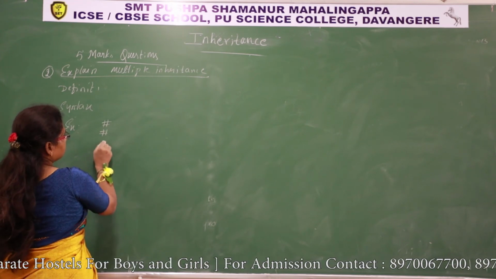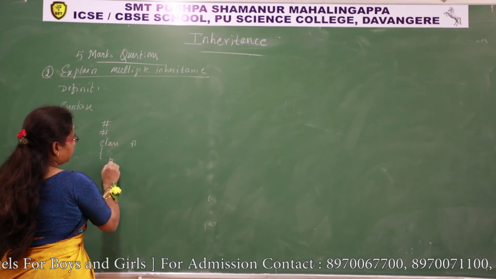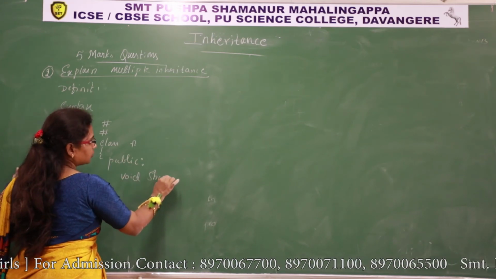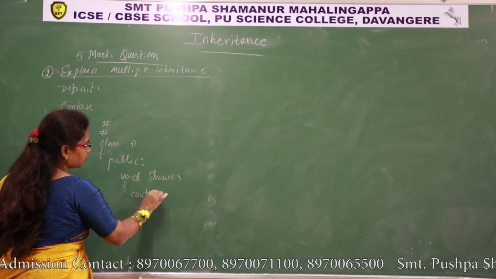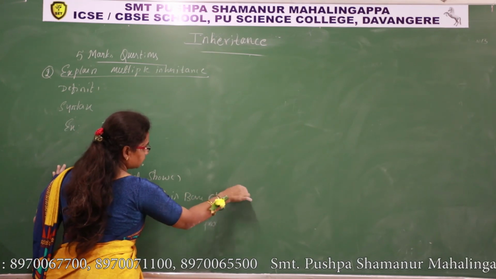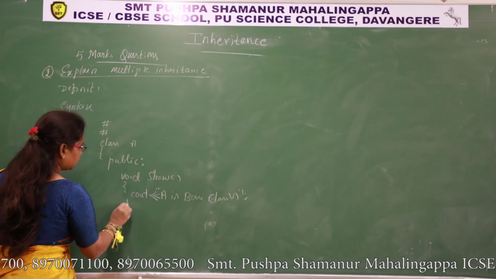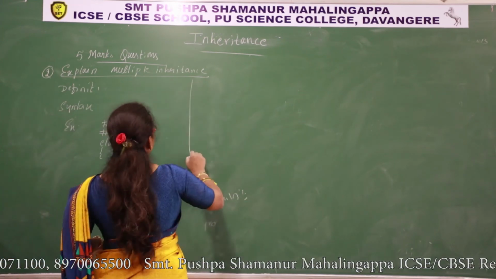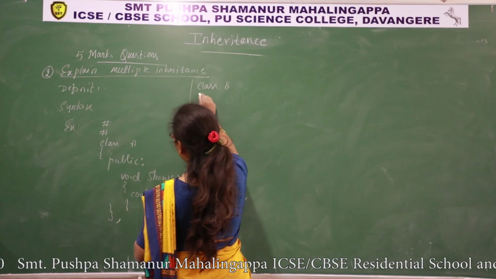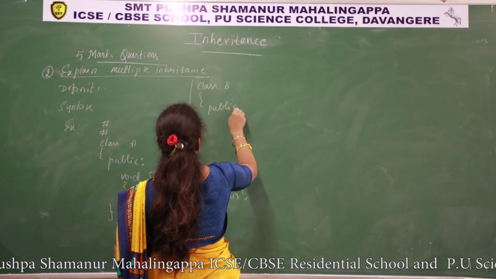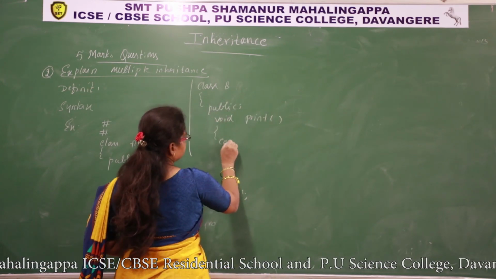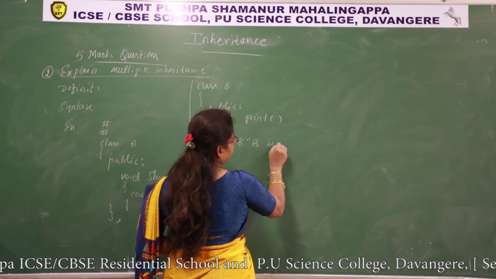Header file, class A, public colon, void show, cout, A is base class. Okay. Next, I'll take another class, class B. It's a separate class. In the public section, void print, cout, B is another base class.